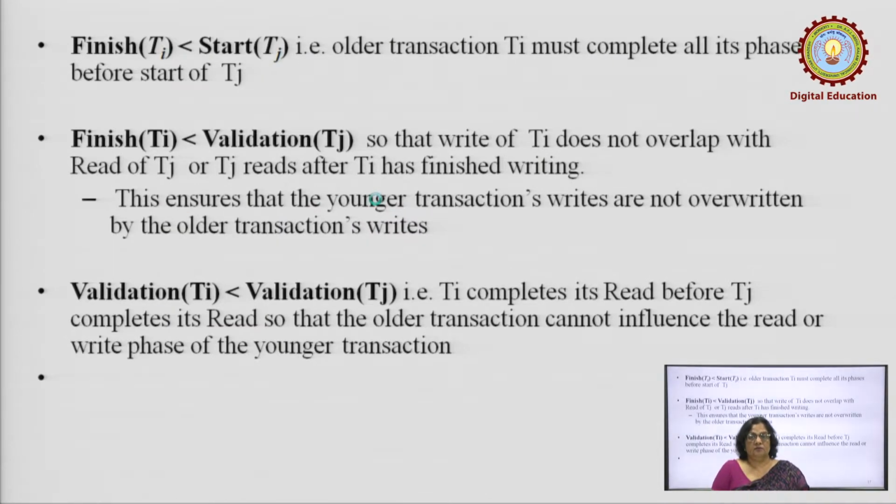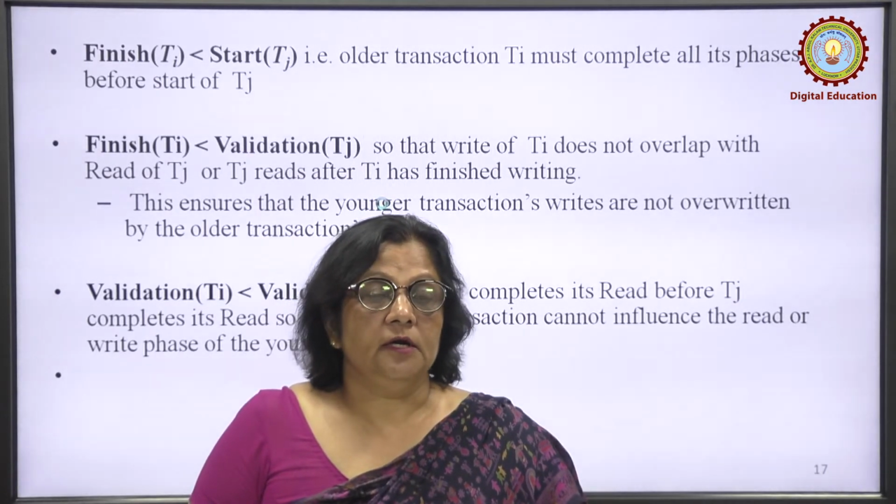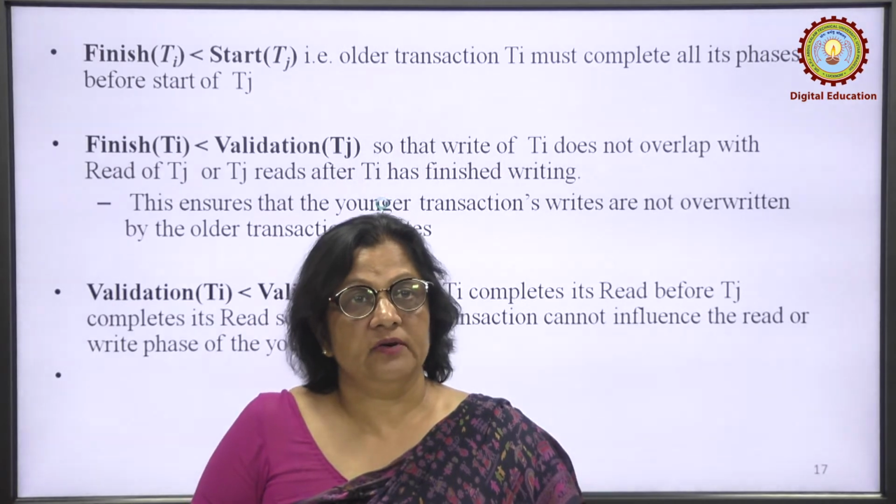First condition: finish of Ti is less than start of Tj, that is the transaction Ti has completed all its phases before the transaction Tj starts. The second condition: finish of Ti is less than validation timestamp of Tj, that is the write of Ti does not overlap with the read of Tj, or Tj reads after Ti has finished writing. This ensures that the younger transaction's writes are not overwritten by the writes of the older transaction.